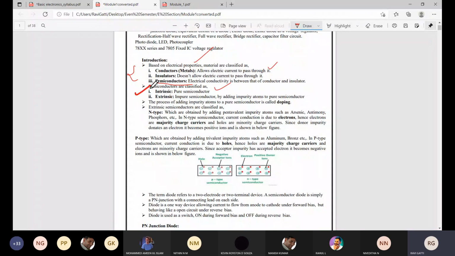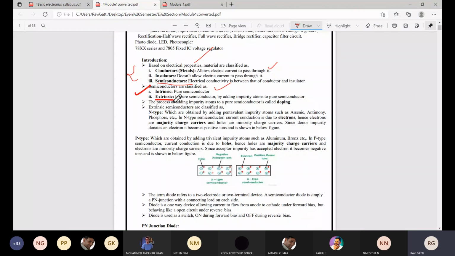For the second type, we can increase the conductivity of semiconductors by adding some impurities, that is, by adding some elements. By adding elements to the semiconductor, it is possible to increase the conductivity. Such semiconductors we call extrinsic semiconductors. As the name suggests, extrinsic means we are adding some external entity to increase the conductivity.